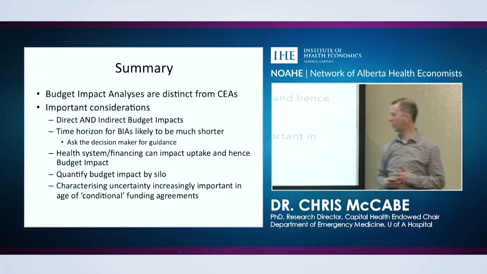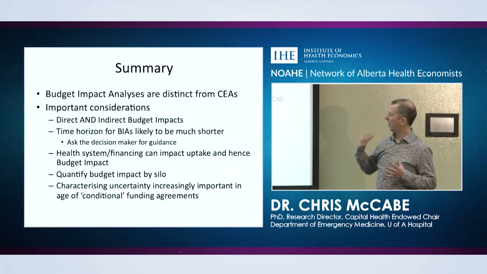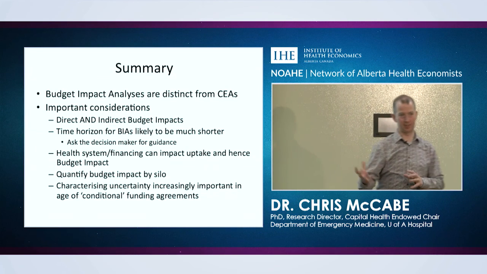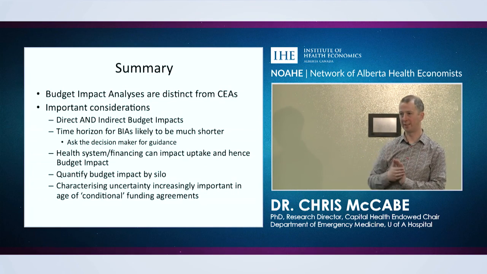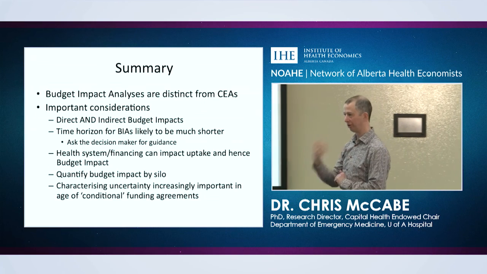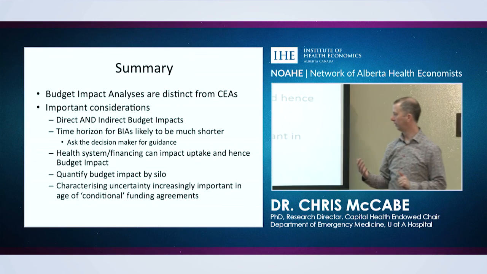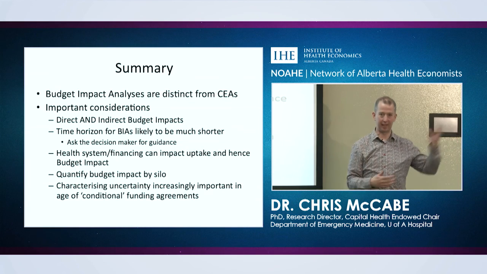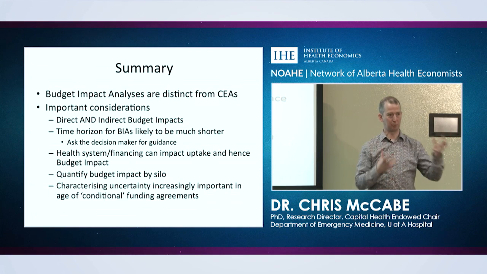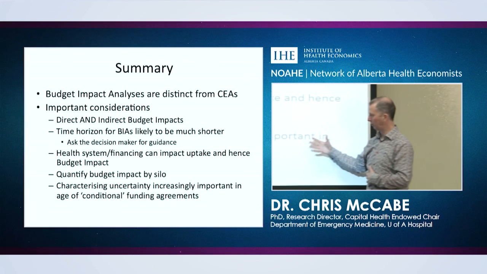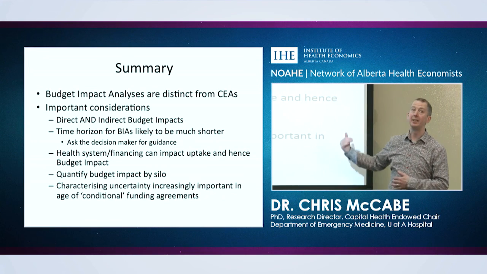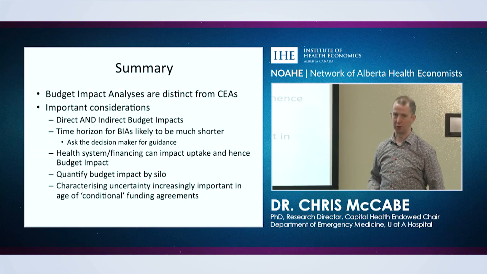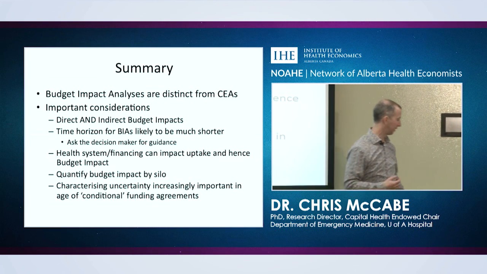And characterizing uncertainty in a stochastic probabilistic way, that's increasingly important as we move forward into this conditional payment procurement world, where what we're having to deal with has less and less evidence and higher prices. Those two things come together to mean we're more uncertain, and so we need to help the budget holders understand the uncertainty in their budget impact analyses that we present them with.